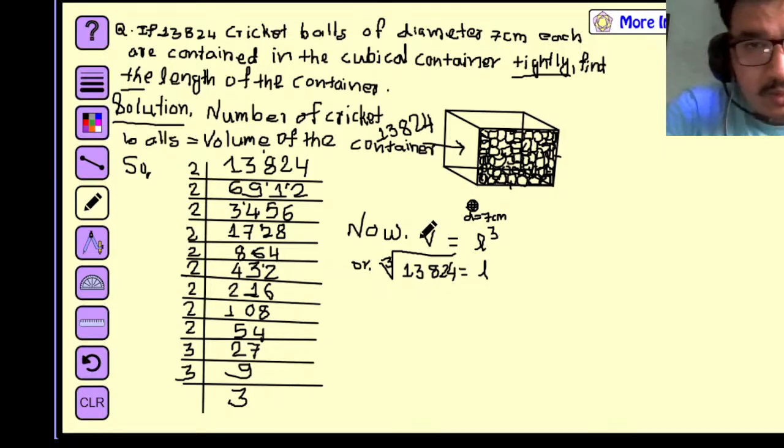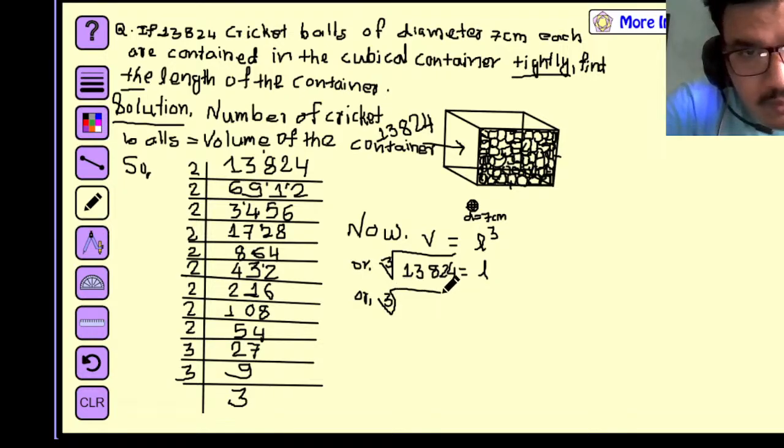Right, now here length equals, this will be volume equals L cube, and we know length equals the cube root of this. We found the factors already, and we can show here the cube root.